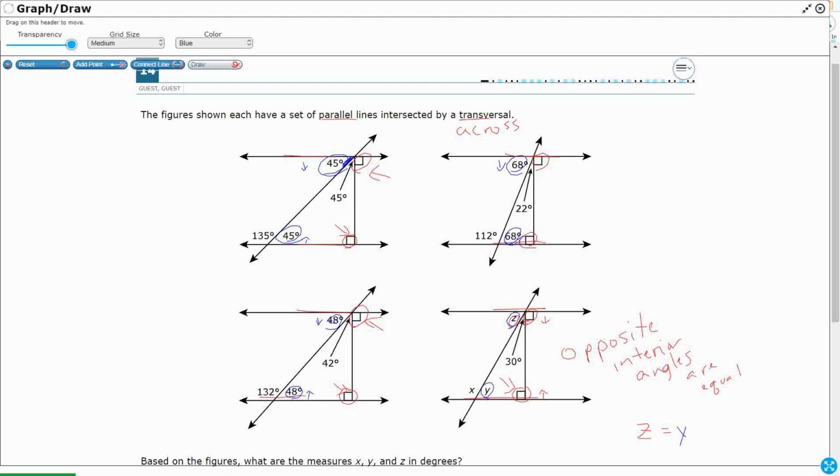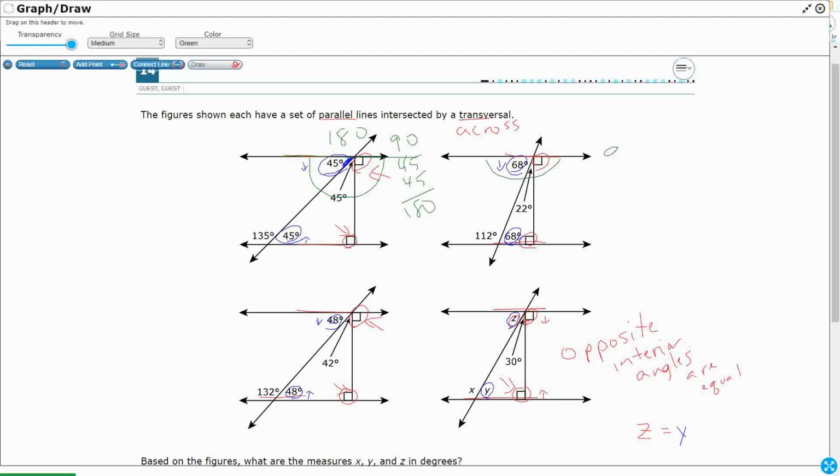Okay, so that's good. Now, what we should know here is that this is a straight line. Straight lines have 180 degrees, which means this plus this plus this equals 180. So that's 90 plus 45 plus 45 equals 180. Same with this straight line.